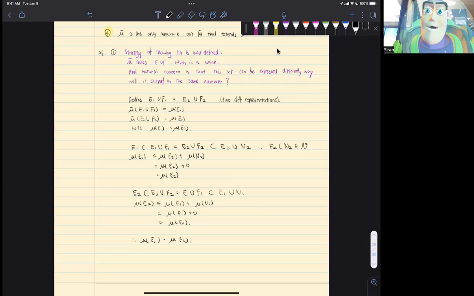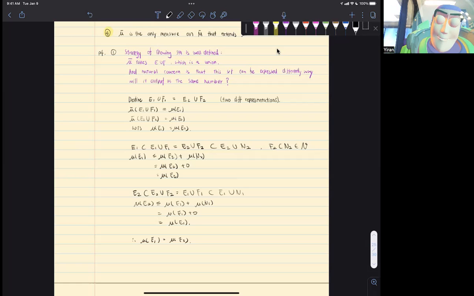Notice that every element in M bar can be written in the form E union F, where E is in M and F is a subset of N, where N is a null set. Okay, so suppose E union F is in M bar, and suppose this is a null set of M bar. So mu bar of E union F is equal to 0.